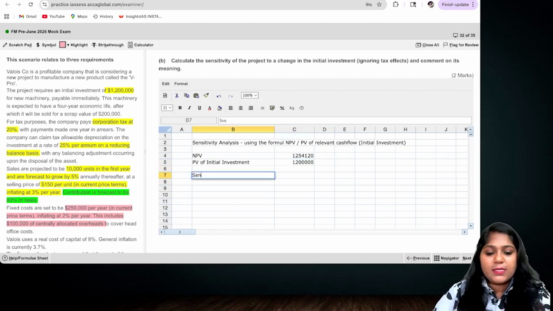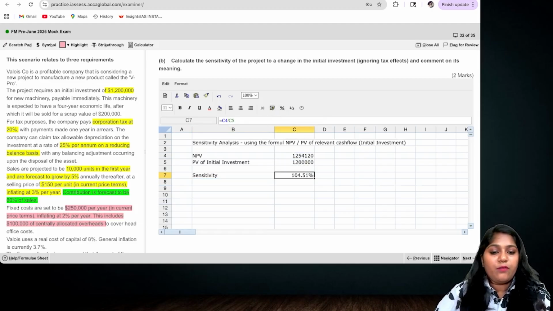So what is the sensitivity of the project? If you convert it into percentage, it is around 104.51 percent, guys. So what do you mean by this?